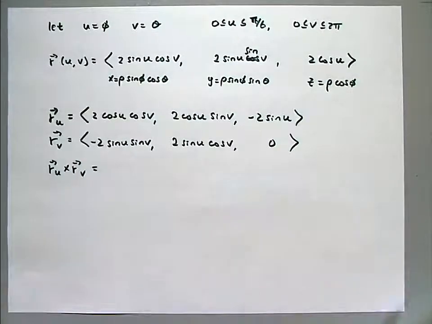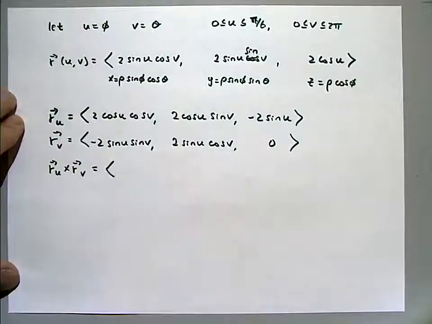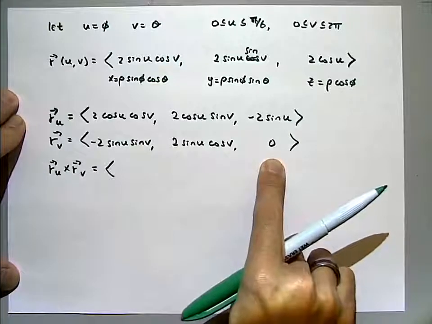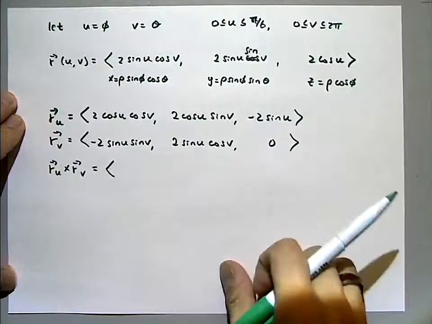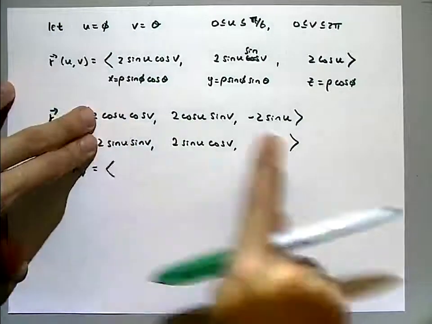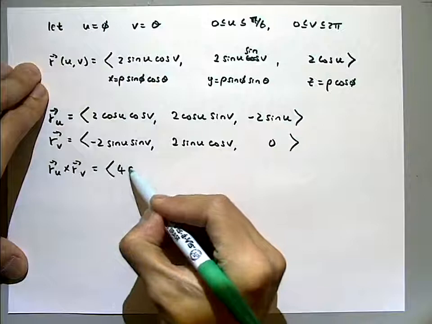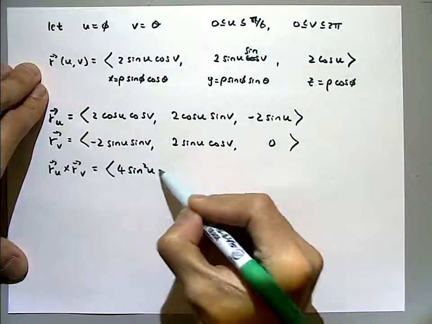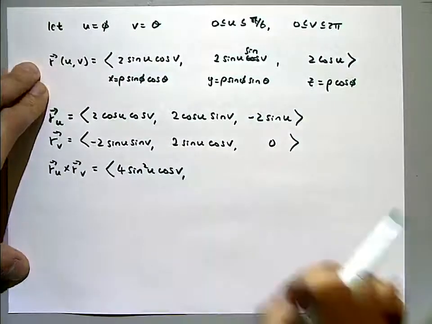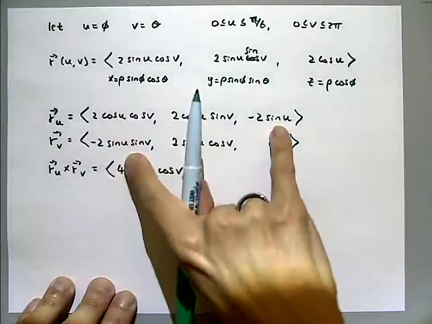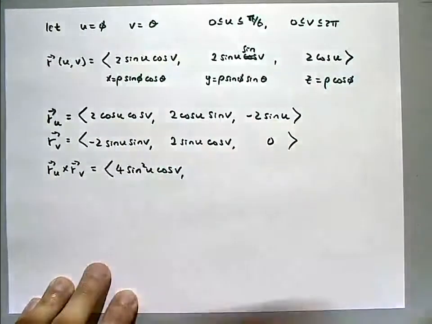And now we're going to cross these things. It's not as bad as it initially seems. Because of that 0 here, it's going to make the x and y components all right, right? So in the x component, 0 minus that stuff. So 4 sine squared u cosine v. J component, 0 minus that stuff. But then we switch sign again.